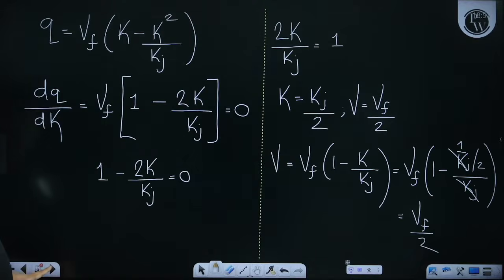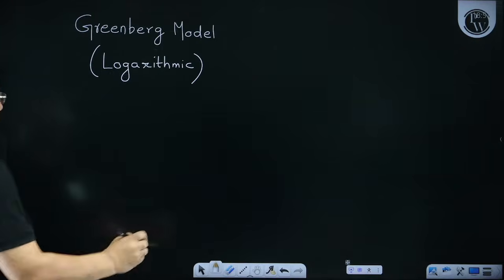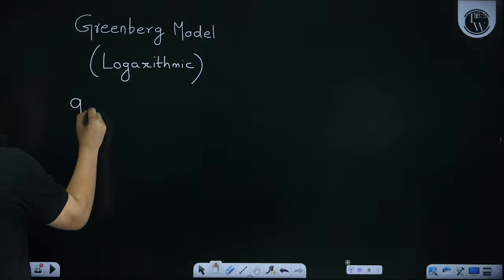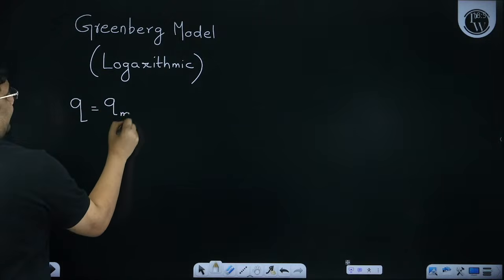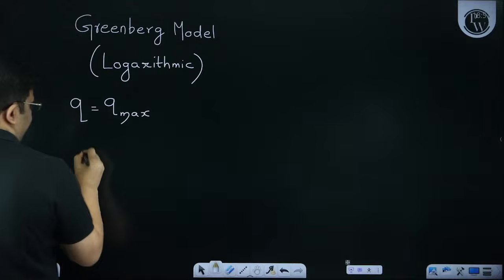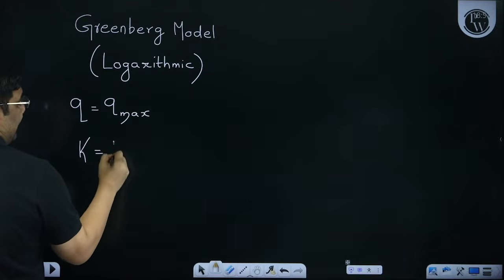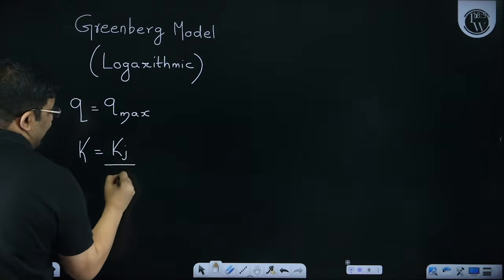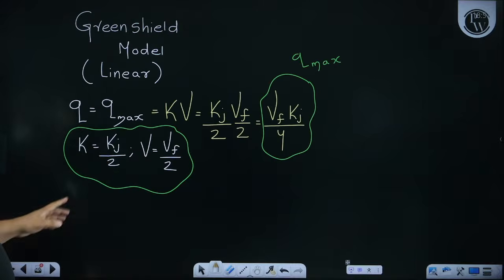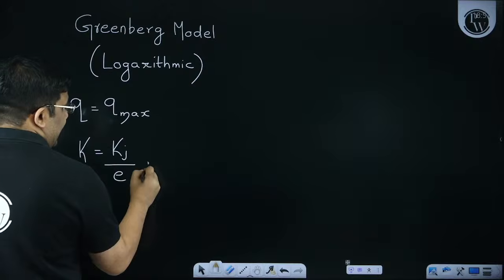Then from that differentiation, if I solve, for maximum flow I get K equal to Kj by e. Here we got Kj by 2, here we'll get Kj by e.